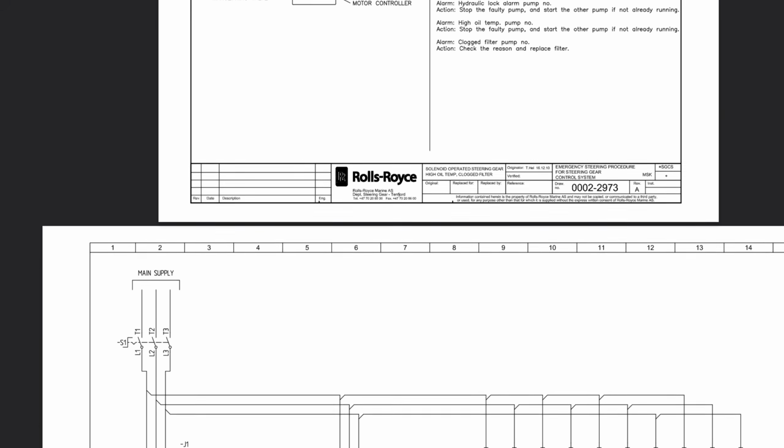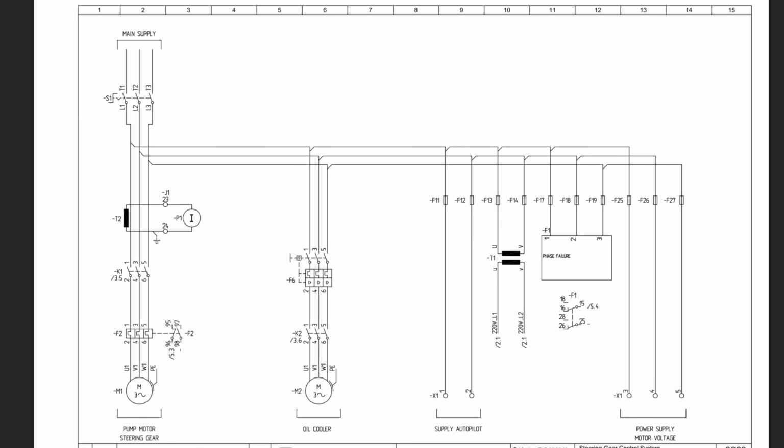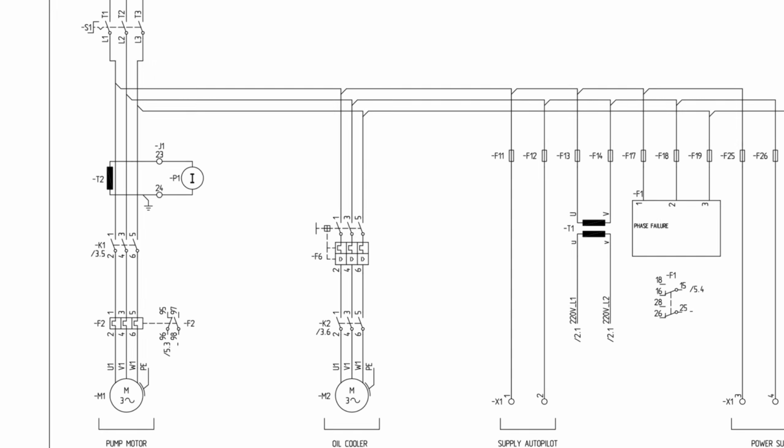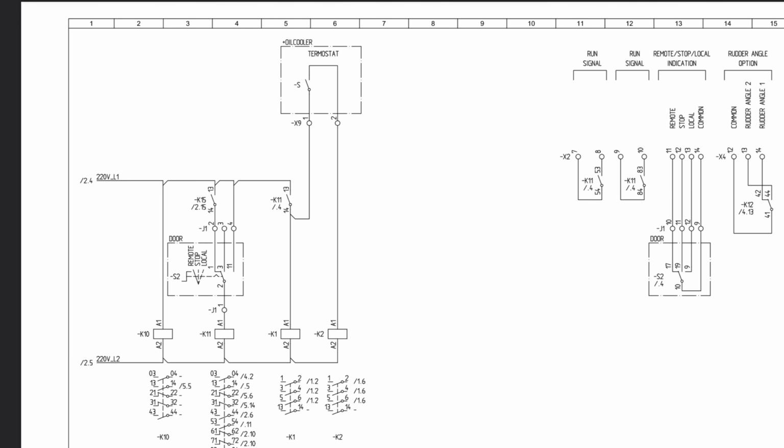If you look at the other motor, which is started on DOL, the direct online starter, supply comes from the main switchboard. See, only one contact, K1. It has a very simple control circuit. K1 is getting energized here. This is K11. K11 is here, and it is a similar remote and local starter.